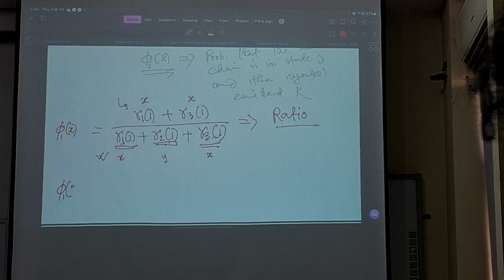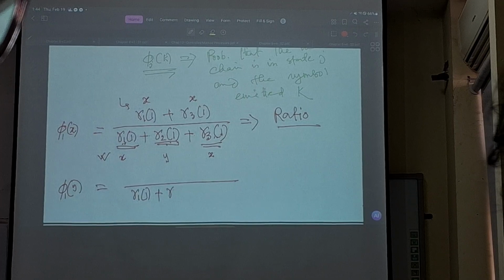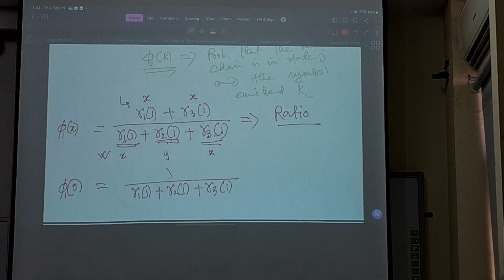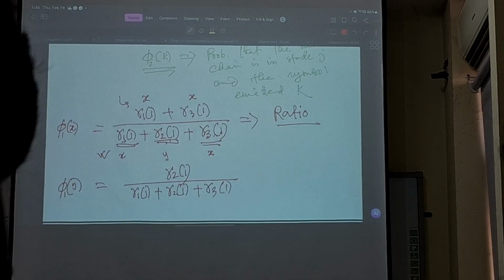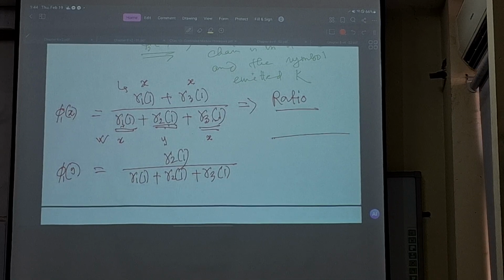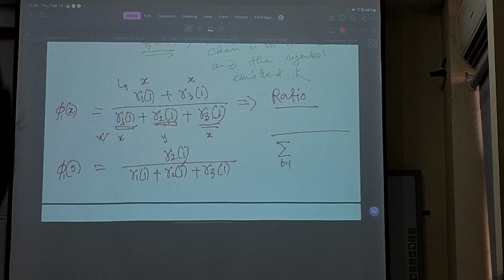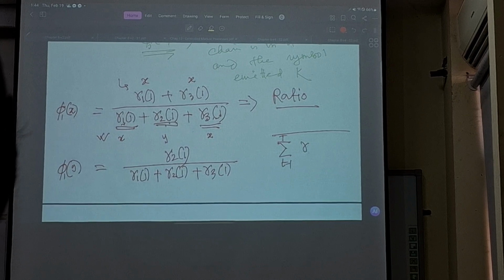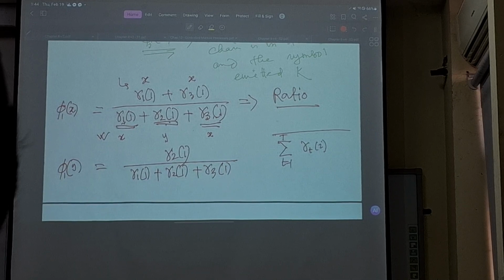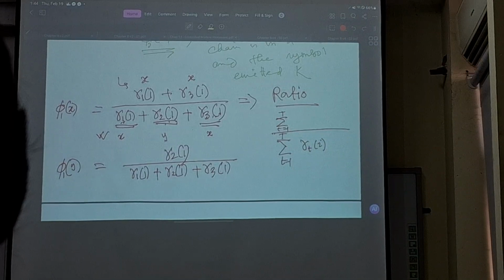For phi 1 1, this ratio will be gamma 1 1 plus gamma 2 1 plus gamma 3 1, and then here it will be gamma 2. A general version of this one is: from t equal to 1 to capital T, we want to sum gamma t i, with one condition.